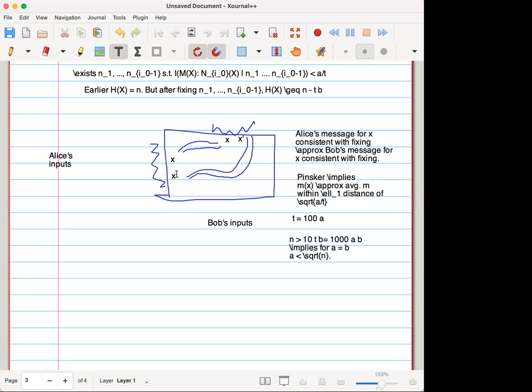It will be a good exercise, so over the weekend I'll come up with a problem set, and I'll suggest some steps which you have to fill in to formalize this proof and complete it. Okay, further questions?